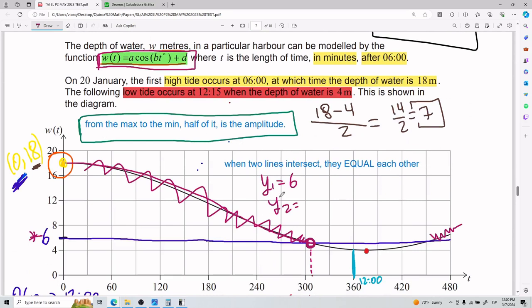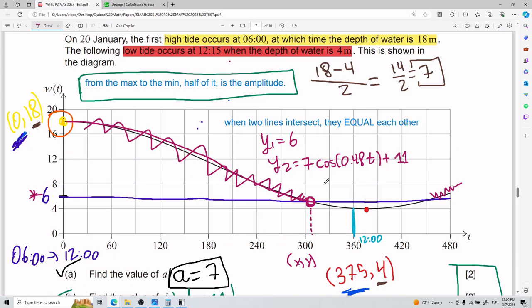So this equation is A, which we said was 7, so 7 cosine B, we found was 0.48 times t, which is my variable, plus D, which we said was 11. So here I have my two equations, and I can equal them to each other.